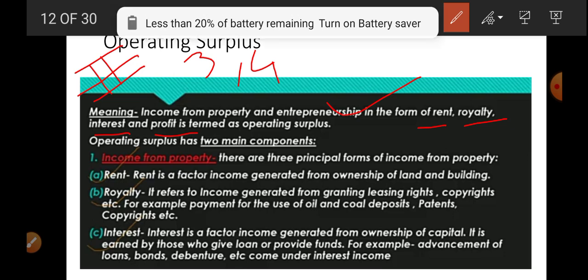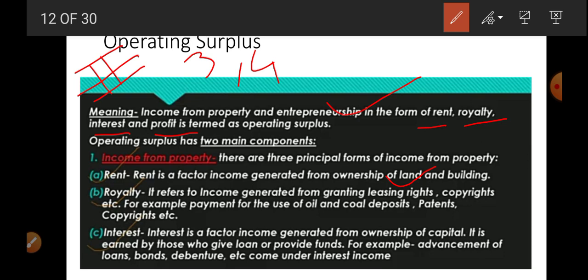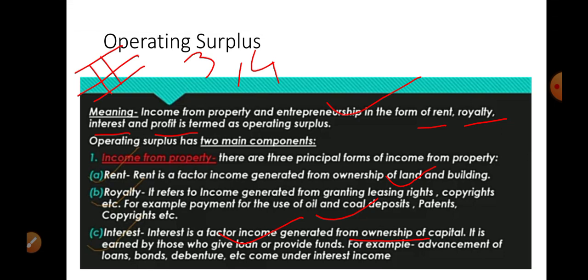Rent is given on ownership of land and building. Royalty refers to income generated from granting, leasing right, copyright. Okay, for example, payment for the use of oil or coal, patent or copyright. Interest is a factor income given to the owner of capital. So in this way, income from property includes rent, royalty and interest.